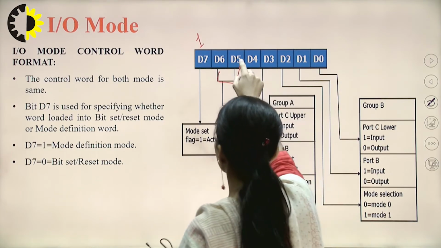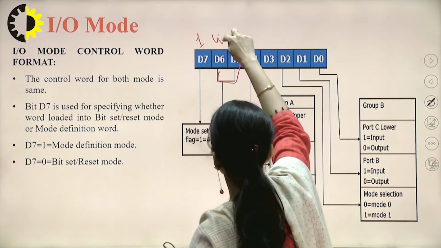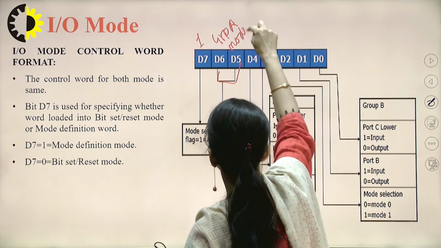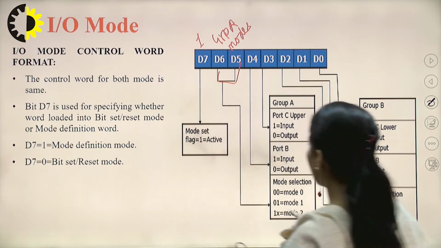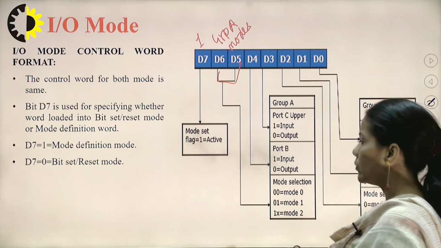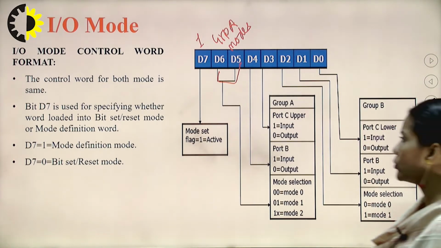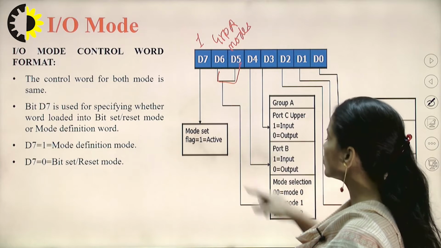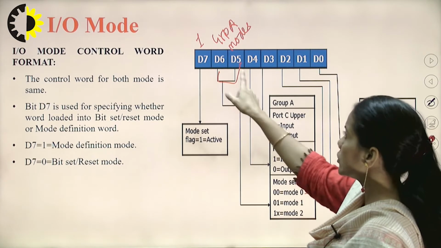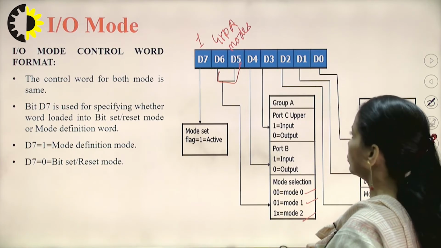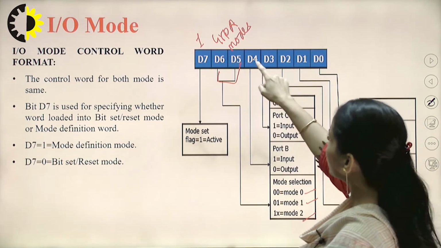These 2 bits define the modes of group A. Since group A works in all 3 modes, mode 0, mode 1 and mode 2, when these bits are 0, 0 it defines mode 0, 0, 1 is mode 1 and 1, 0 is mode 2.